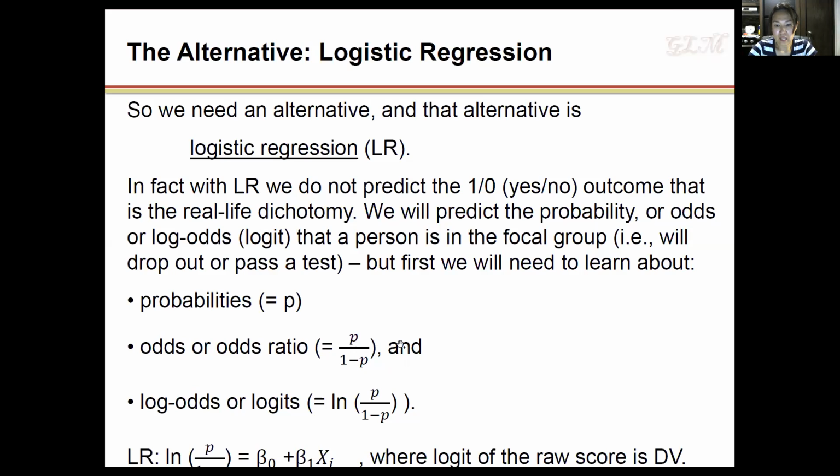Okay, and then we check this odds ratio and the XY relationship. Then it's still not linear. So we add one more step. This ln means the logarithm function. We add a logarithm function here. Then it becomes linear.